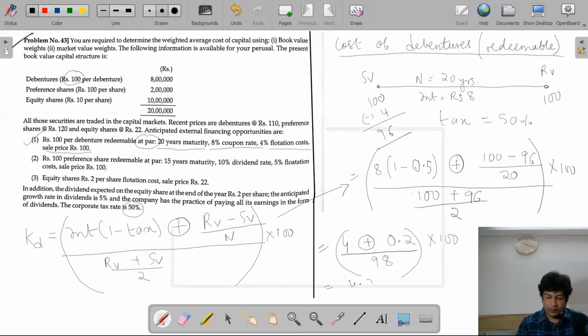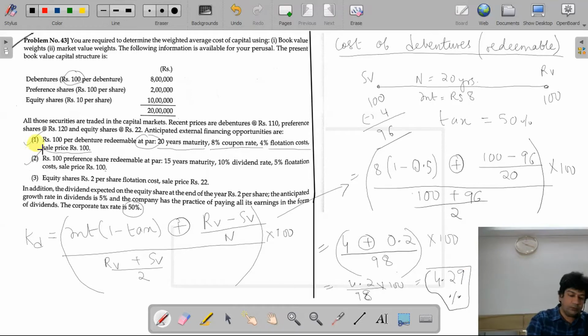So 4.2 divided by 98, into 100, will give me how much? 4.2 divided by 98. So I'm going to get 4.29, approximately this much percentage is my cost of debentures, that is 4.29.